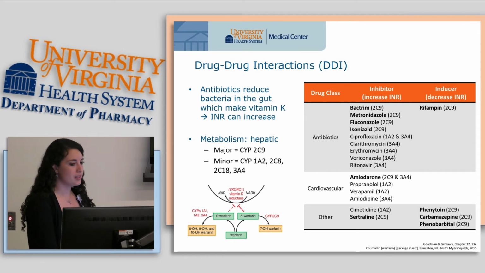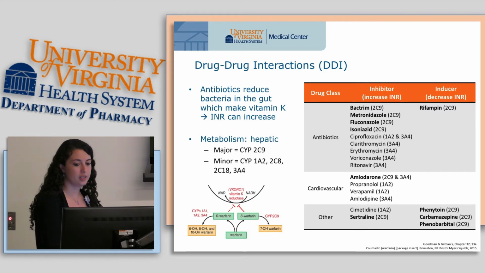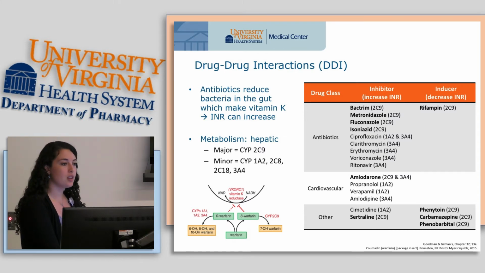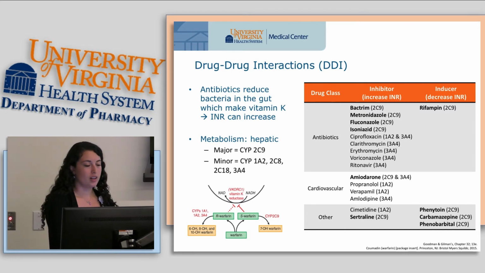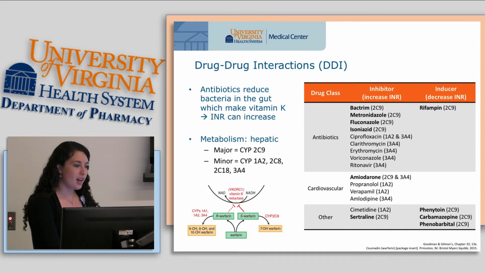Some of the big ones, such as Bactrim, Flagyl, any of the azoles, amiodarone, if a patient is starting on these when they're already stable on warfarin, we may empirically reduce their warfarin dose, or if they are already on one of these medications and then start warfarin, we may start them at a lower dose. And then rifampin and phenytoin are inducers, and so these can decrease the INR, and we may increase the warfarin dose.